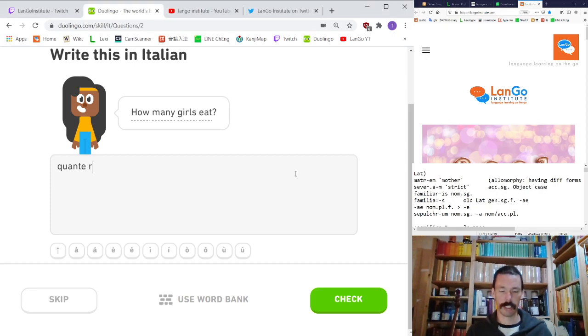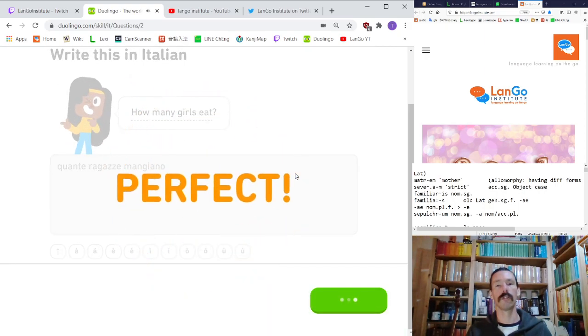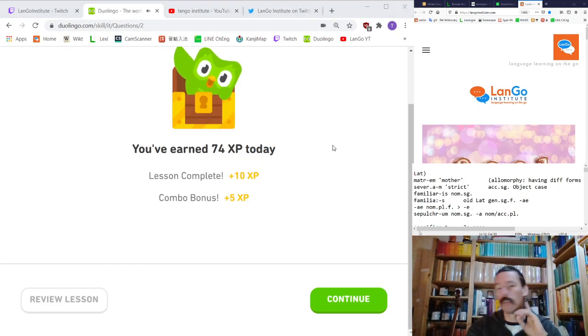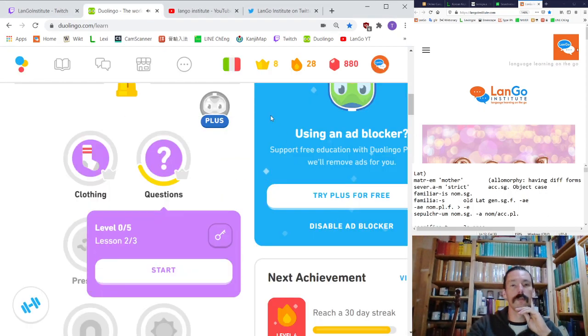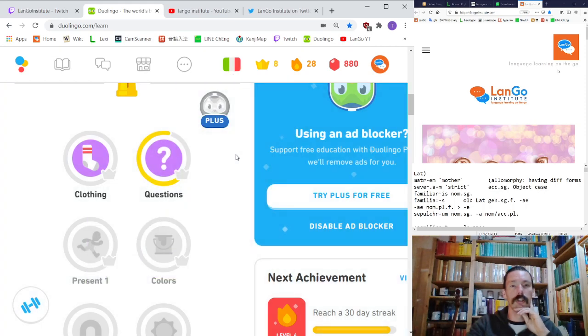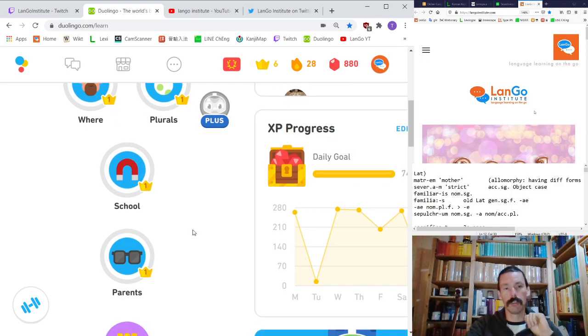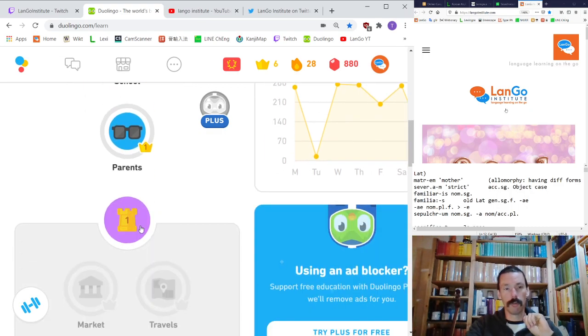And then ragazze, same class of noun. And then they eat is plural, mangiano. That's Italian. So let's go back, so we don't lose the flavor of that. Like I say, Latin is the ancestral stage of each of these that we're seeing here.